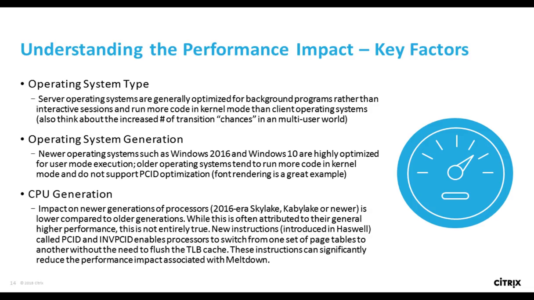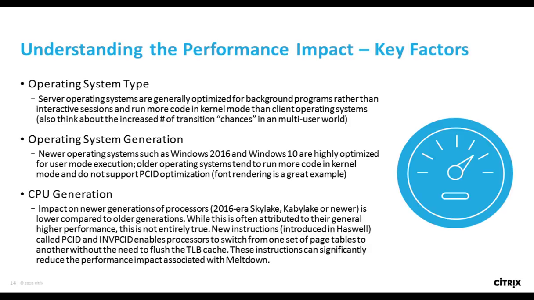All right, on to the next 3 variables. Right after these vulnerabilities were announced in early January, Microsoft was one of the first to come out and publicly say that Meltdown is probably going to impact server OSs more than client OSs. So why is that? Well, a couple reasons that I point out on the slide here. First is server OSs are optimized more for background processes and simply do more stuff in the kernel space.